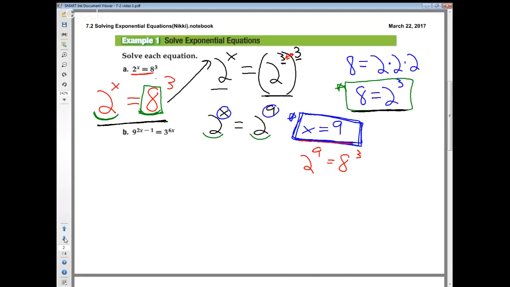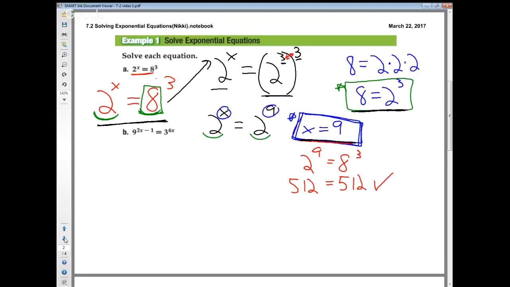If you have your handy calculator with you, you can find out that 2 to the 9th is equal to 512. And then you can go ahead and check 8 cubed, which is also, again, 512. So just by checking that, we see that 9 is indeed the correct answer for this equation.